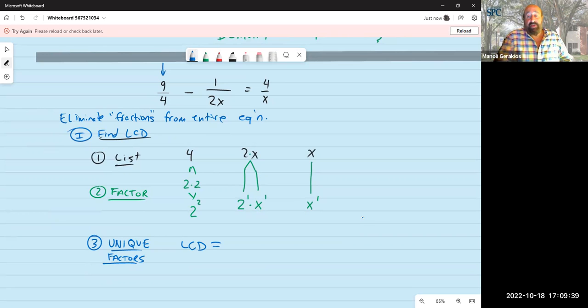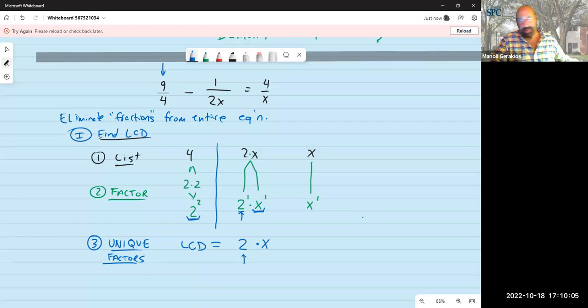One of every different factor in all the denominators. Well, 2 is the first of its kind, so 2's need to be represented in the LCD. I hop over to the next denominator's factors over here. 2's are already represented, so I don't put another one in. But x's are different from 2's, so x's need to be represented. These are going to end up getting multiplied together.